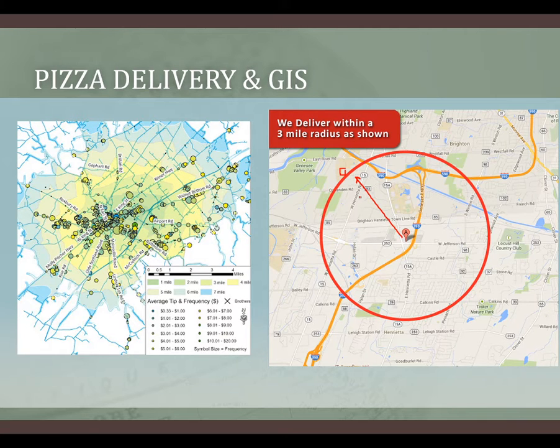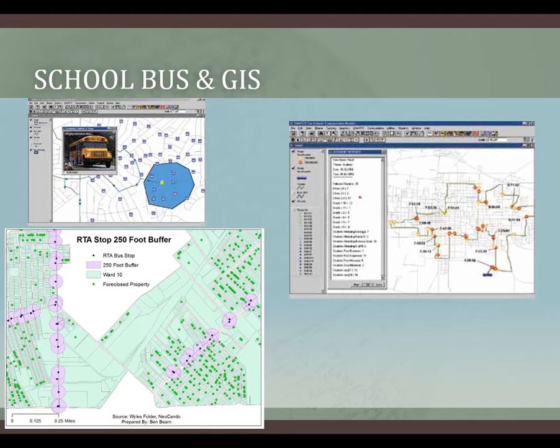So this is what we call GIS, so even a pizza shop needs some kind of GIS system to help its delivery people get your pizza to your place. So that's another use. School buses and school zones. When school buses have their routes and you want to know if you are on that route or not, for you to know exactly, you need some kind of GIS that tells you where the routes of the school buses are.